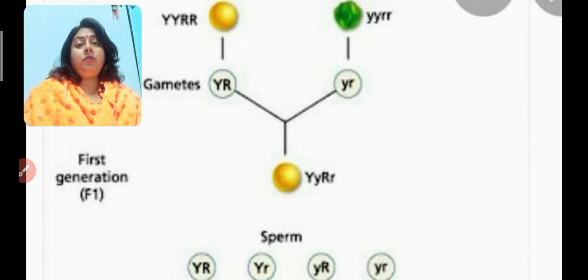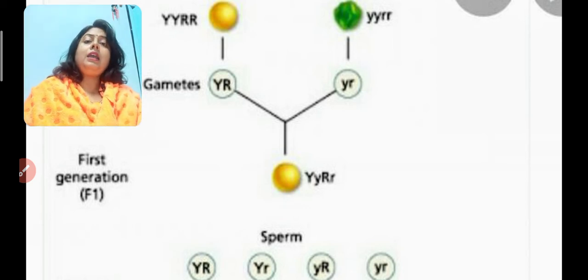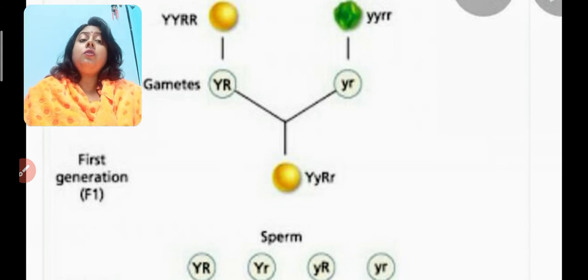Now, Mendel did self-crossing in the F2 generation. On self-crossing, capital Y, small y, capital R, small r with another of the same genetic combination, what will happen?